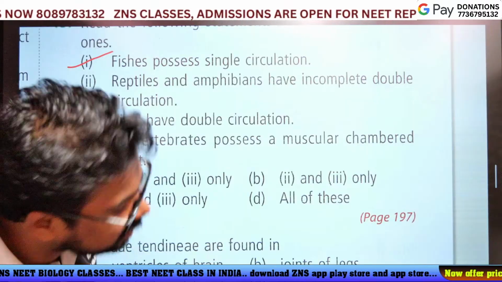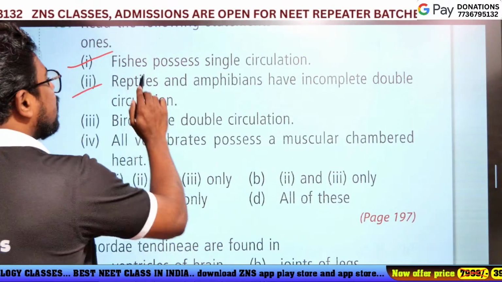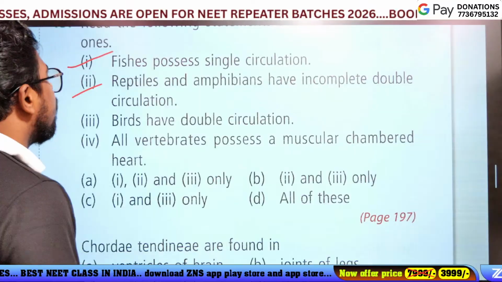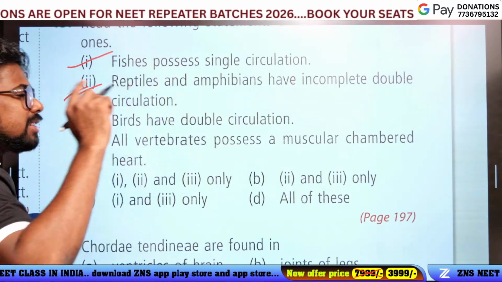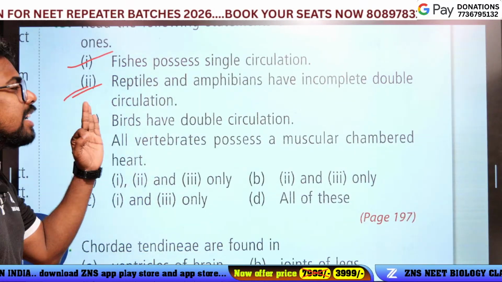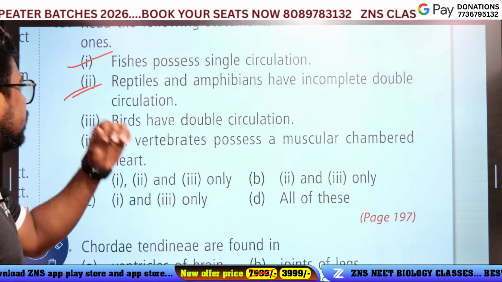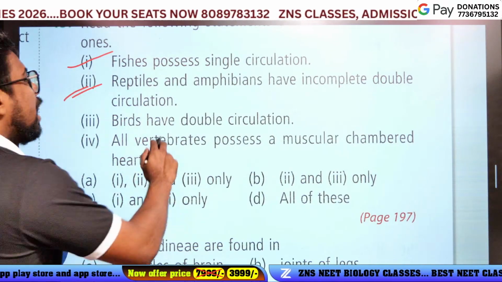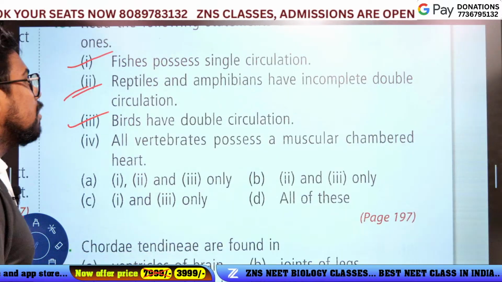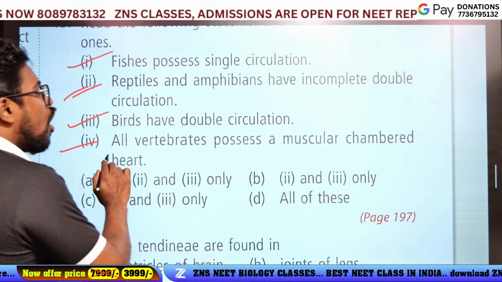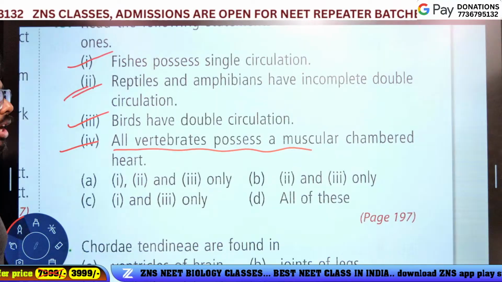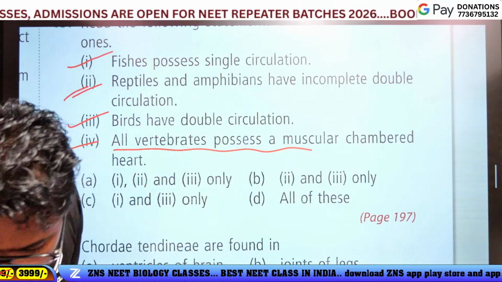Reptiles and amphibia have incomplete double circulation, these statements are correct. Birds have double circulation, correct. And all vertebrates possess a muscular chambered heart. Yes, those options are correct.